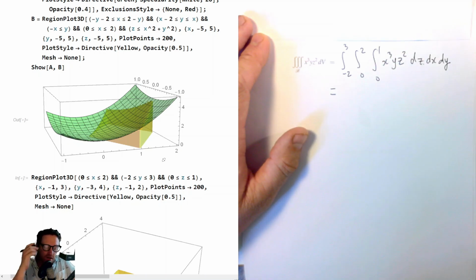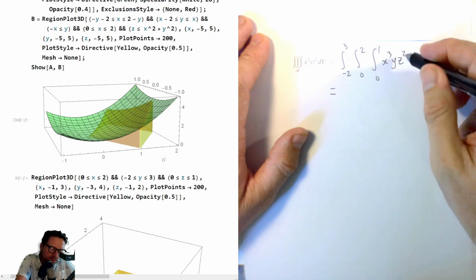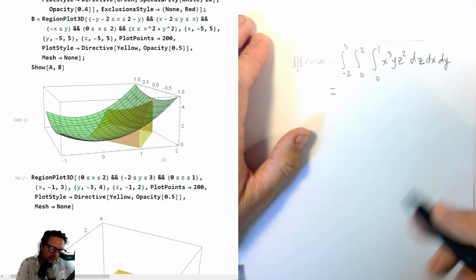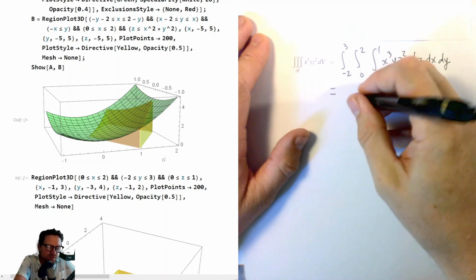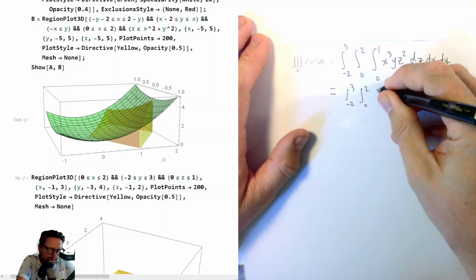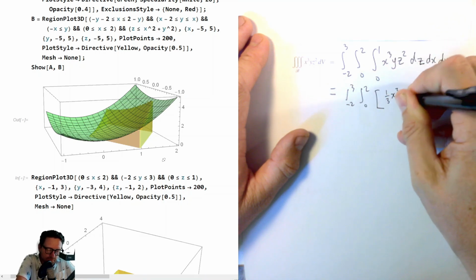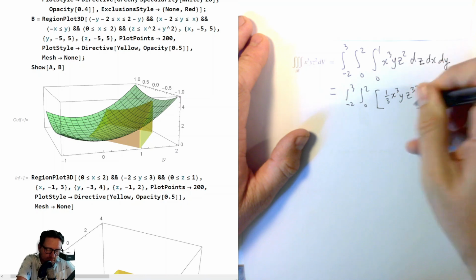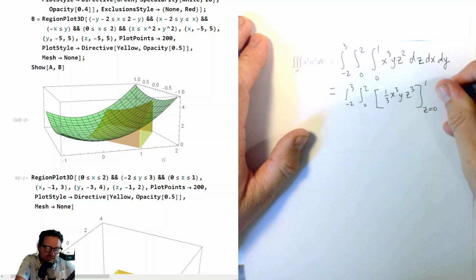Okay, now this is a fairly easy integral. So integrating this with respect to z gives us 1/3 x cubed y z cubed. And so that's z equals 0 to z equals 1.